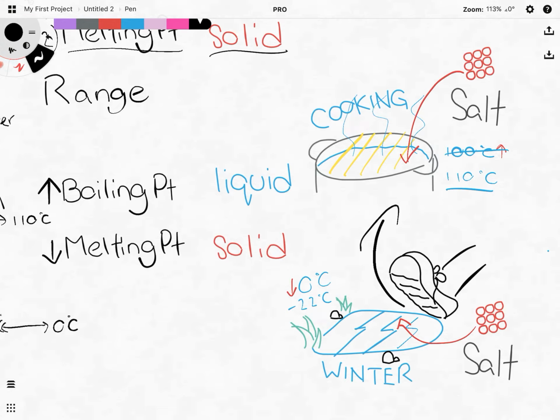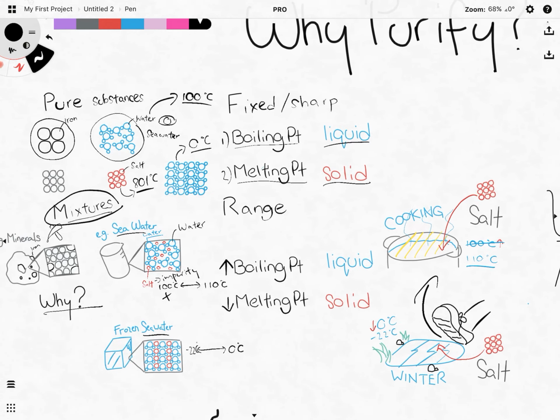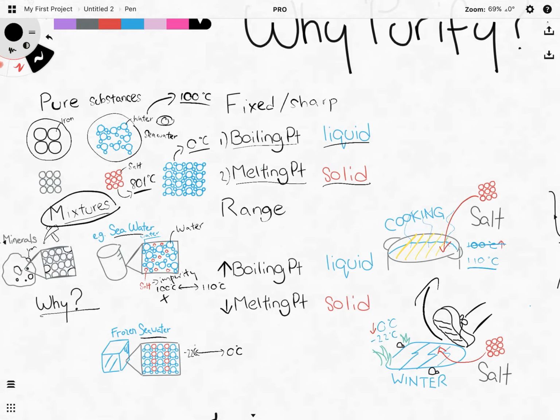Right? So thank you for tuning to this video. This video talks very simply about how do we tell if a substance is pure. We can tell if a substance is pure if it has a fixed boiling point or melting point. And if it's a mixture, you'll find that it has a range of boiling points and melting points.